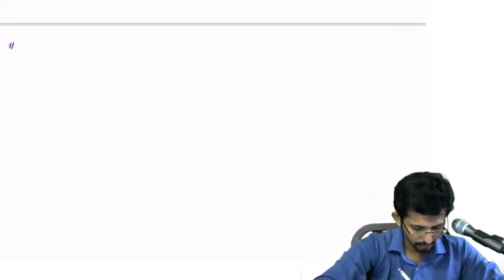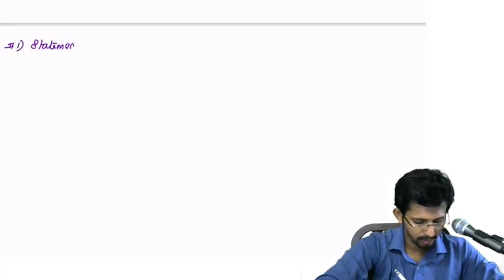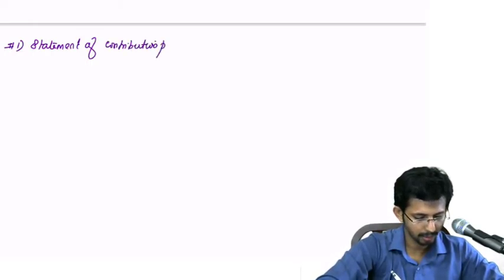What you have to do? You have to first find out the contribution per unit. You have various information given, so the starting point has to be the contribution per unit. So you can write a statement of contribution per unit.